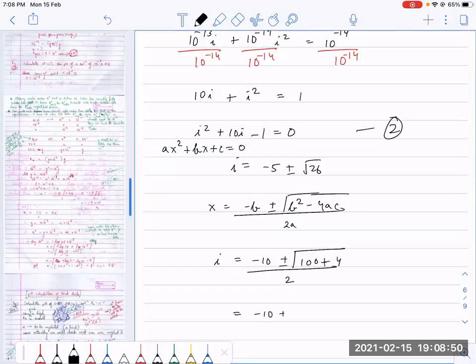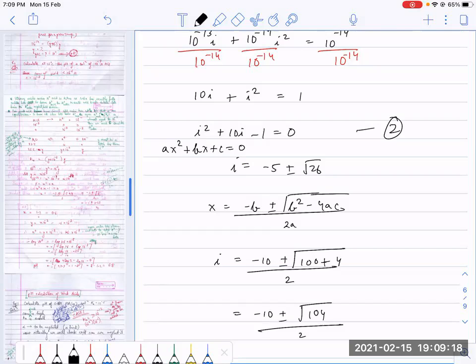So here it comes out to be minus 10 plus minus root 104, divided by 2. Is this coming? Yes. So then we can even take 2 as common and cancel it. Yes, we can do.